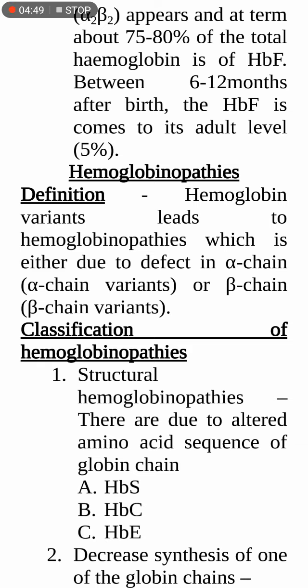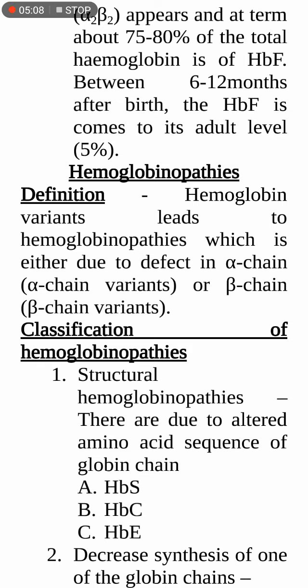Next, the hemoglobinopathies. Hemoglobinopathy is a hemoglobin variant which is due to a defect in the alpha chain or beta chain of the globin chain.